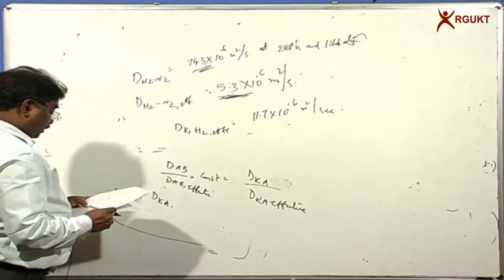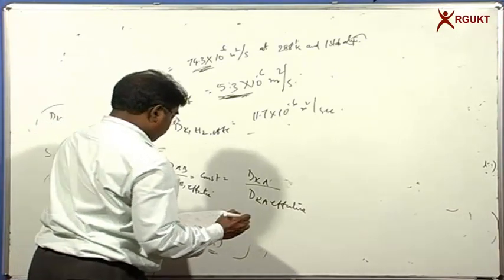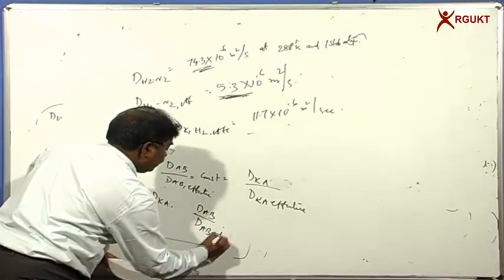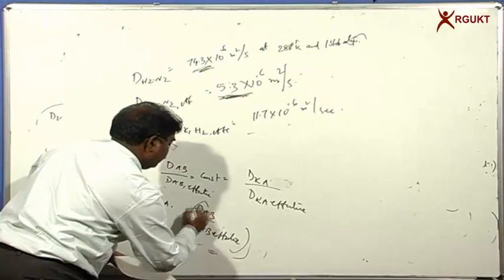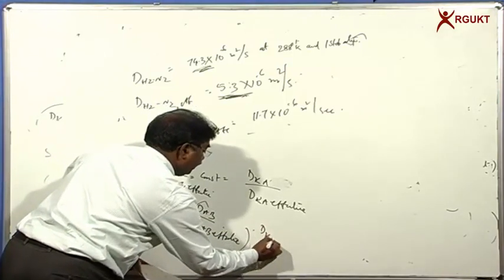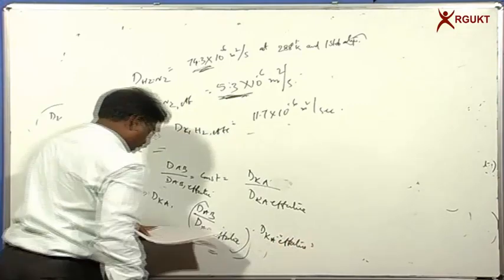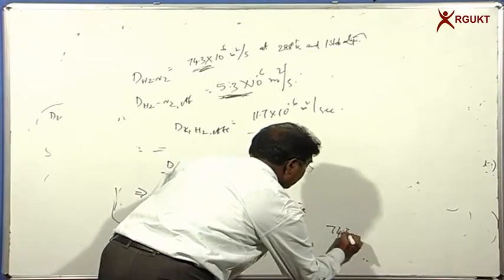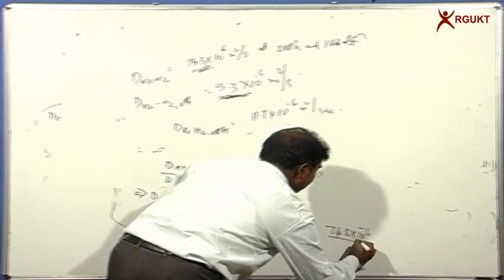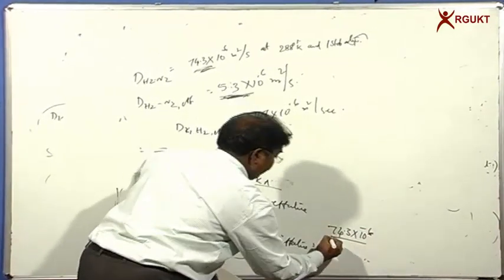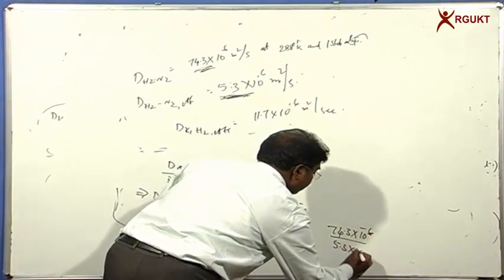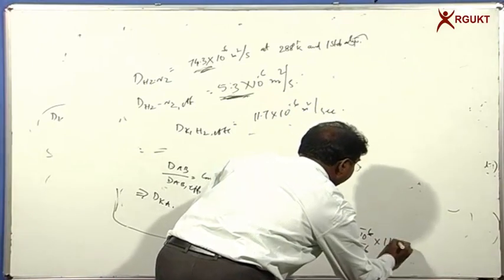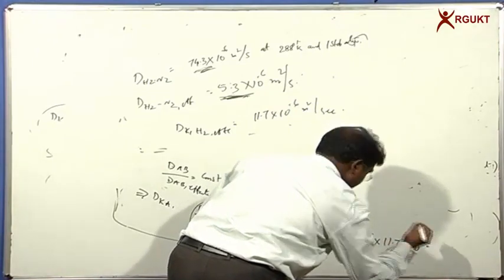D_KA effective is going to become D_AB by D_AB effective multiplied by D_KA effective, that is equal to 74.3 into 10 power minus 6 divided by 5.3 into 10 power minus 6 into 11.7 into 10 power minus 6.